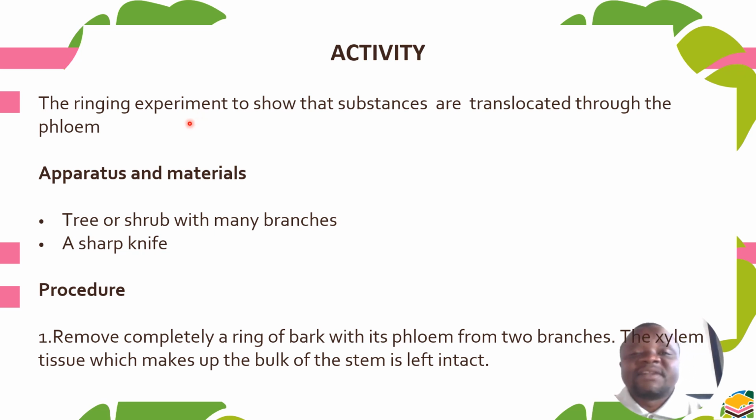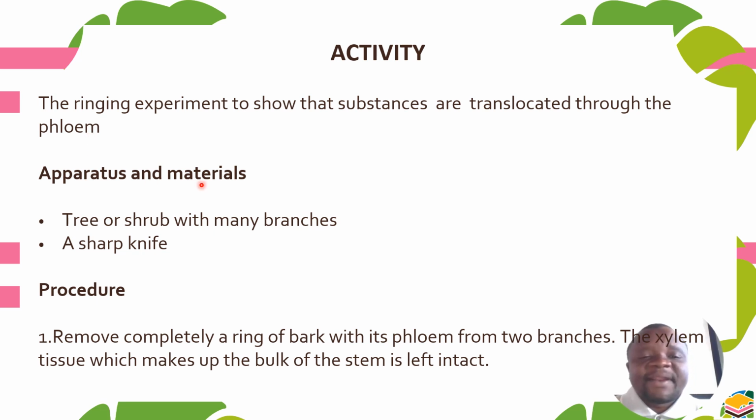The ringing experiment is used to prove whether the phloem conducts glucose. At the same time, others may use the aphids. The aphids are also used to analyze the contents of the phloem. But generally, in this one, we are going to focus on the ringing experiment. This ringing experiment is used to show that substances are translocated through the phloem.